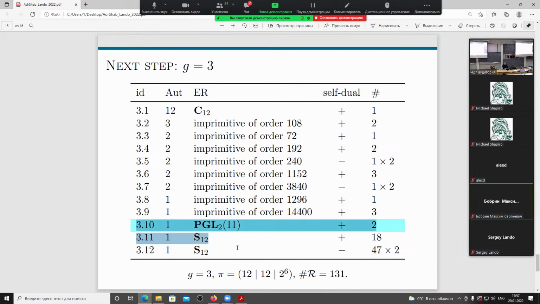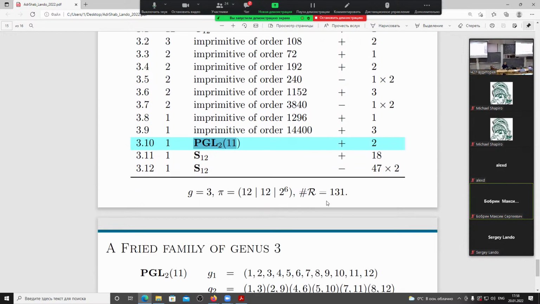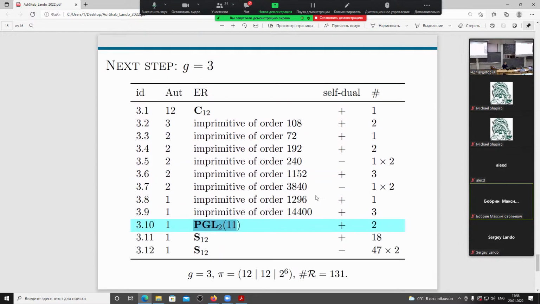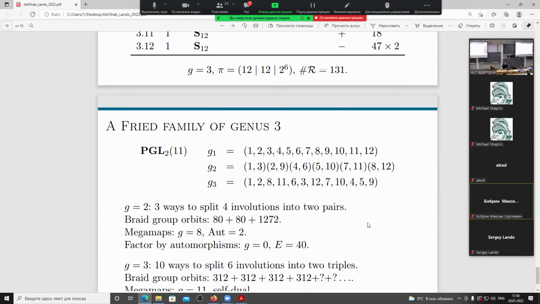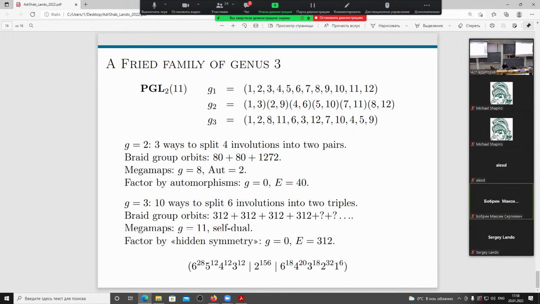So the most interesting are the 3 last lines, and you see here that there are again two descents with similar group, which are probably the analogs of our descents in genus 3. And what I just talked about, mega maps and splitting descent into Fried family, can be applied to these two descents in the same manner.